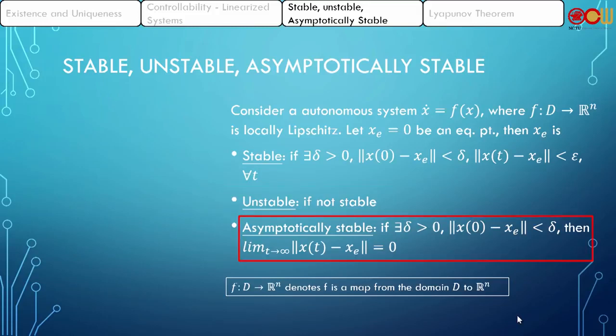And for asymptotically stable, it means that given the same initial condition, eventually as t goes to infinity, the solution will converge to this equilibrium point. Here is equal to 0, but for stable, the condition is bounded.